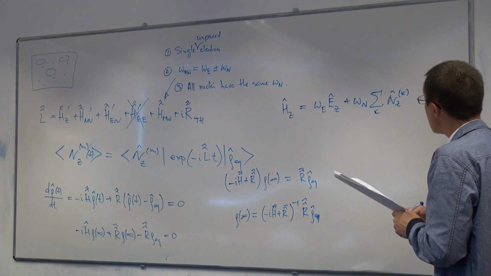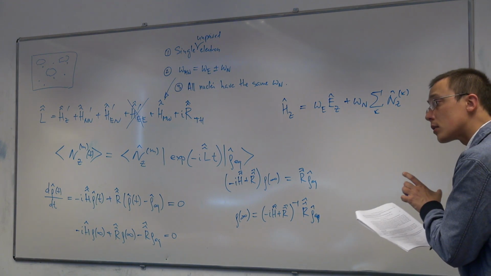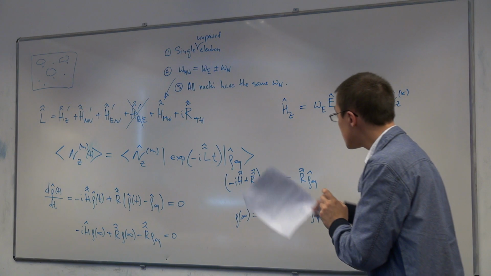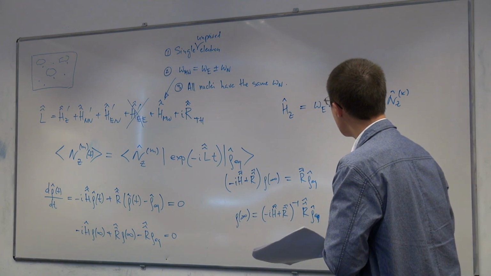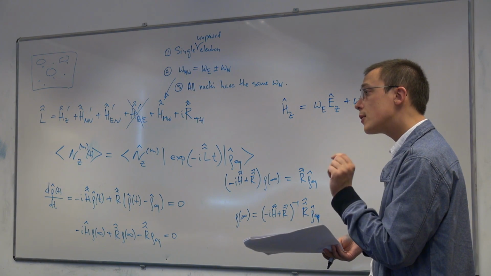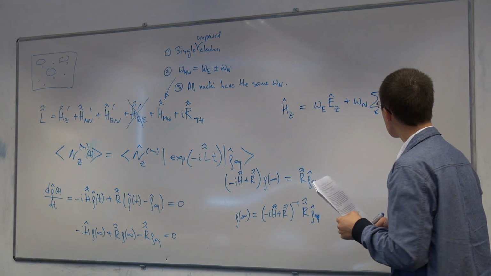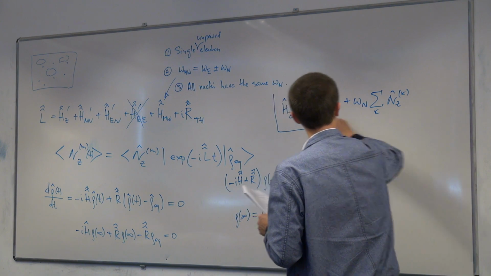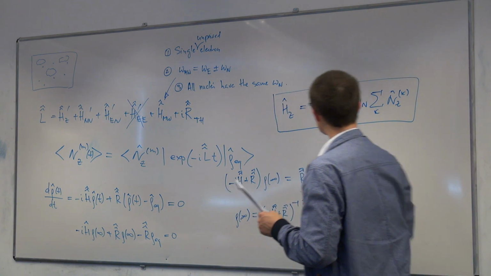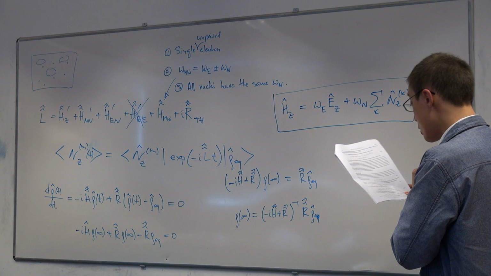And what we will now do is different from what we did in the previous description. Instead of doing a rotating frame transformation with respect to the microwave frequency, we will do a rotating frame transformation with respect to this entire Hamiltonian.